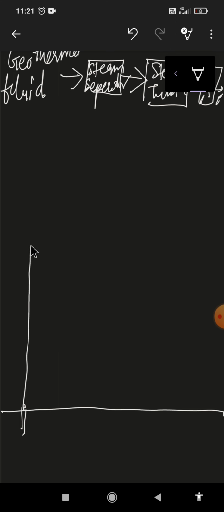From here it will go to the centrifugal steam separator, where the solid matter will move out and only dry steam will move forward to the turbine. So this is the steam turbine.